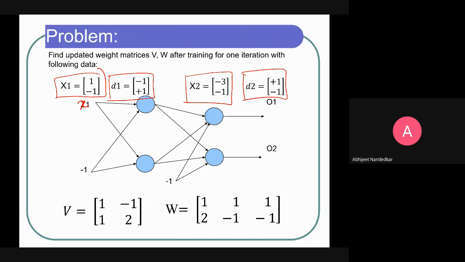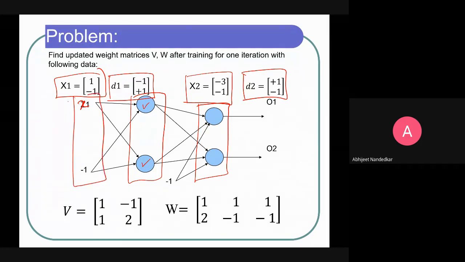The network has two hidden units for this step and two units for output. Input is single actually, and this is the fixed node connected to -1.